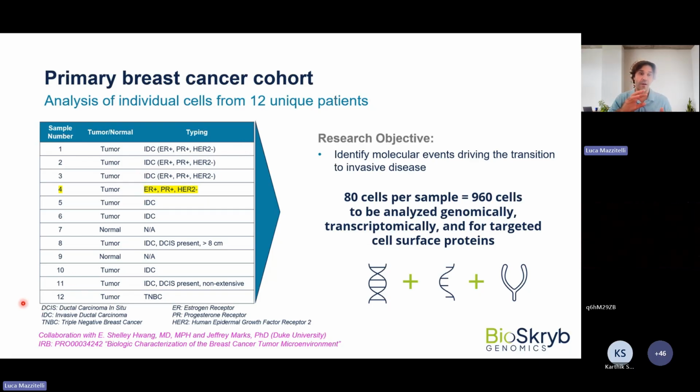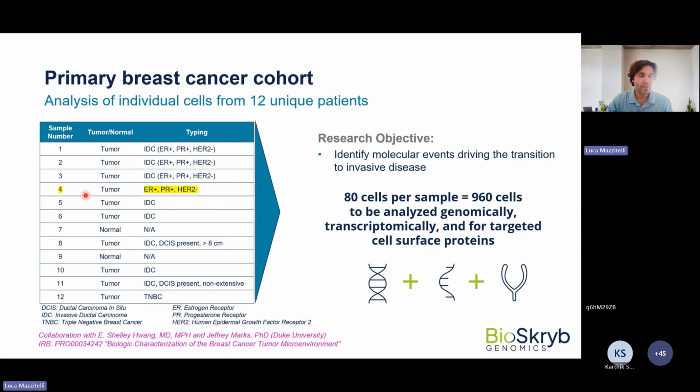They were like ductal carcinoma in situ, normal patients, or with invasive ductal carcinoma and triple negative breast cancer. All the patients were actually typed, genotyped, based on some specific markers like estrogen, progesterone, and HER2.